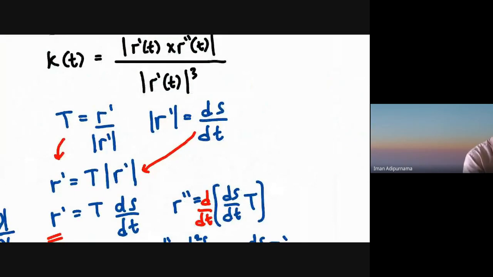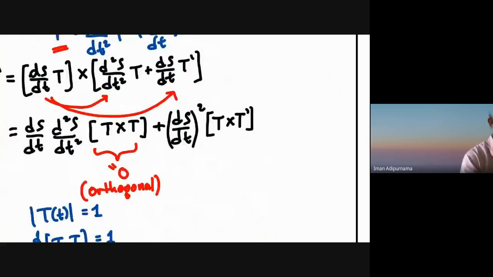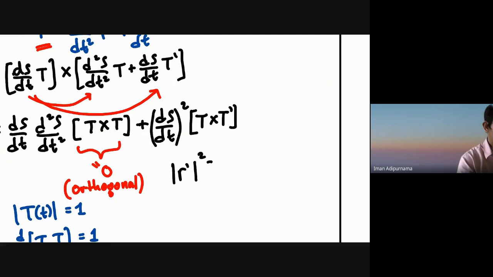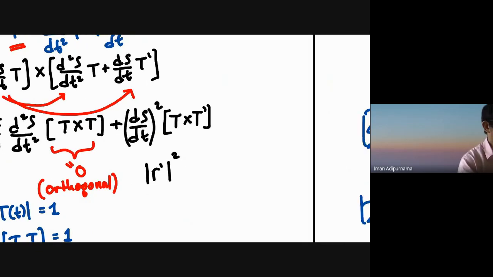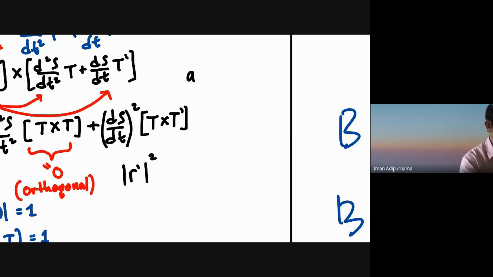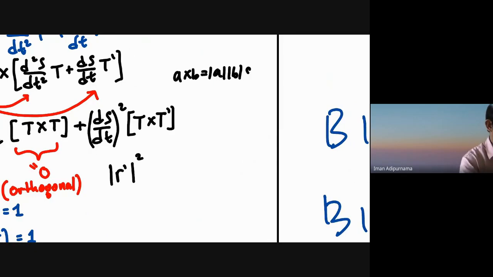Now we convert back ds over dt to r prime. So this will be r prime squared, and we have the cross using the sine.